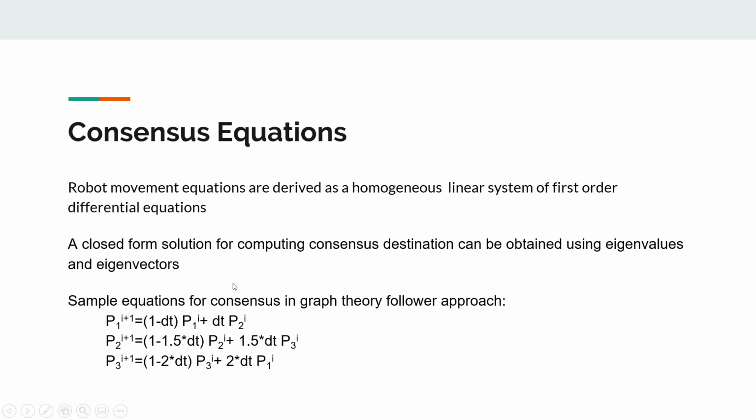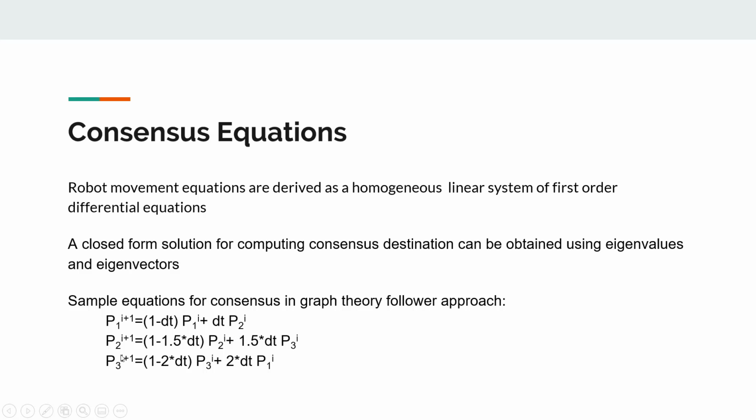So here are the sample consensus equations. Here, i plus 1 is the position of robot 1 in the next iteration, which is dependent on its previous position and the position of robot 2.